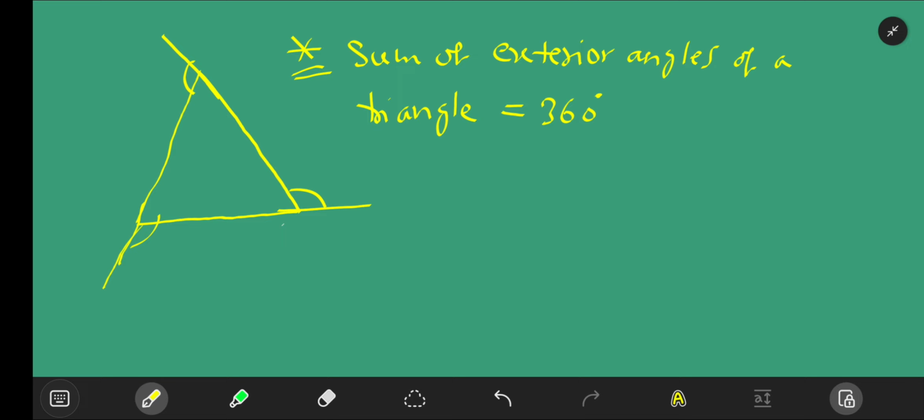Okay, next. Suppose this is a triangle and I extended this side like this. Now this is the exterior angle, this is one interior angle, this is one interior angle.